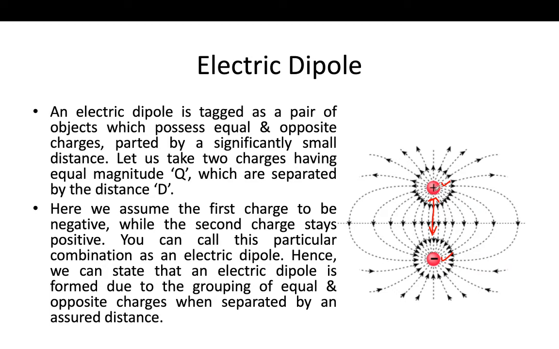So dipoles are two points or two charges at a specific distance with an equal number of emitting or absorbing charges. They are at a specific distance from each other, and the positive one is generating the same number of charges that the negative one is absorbing, you can say. So this is an electric dipole, simple.